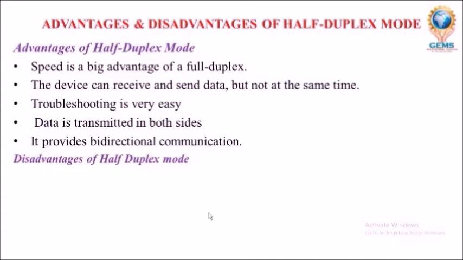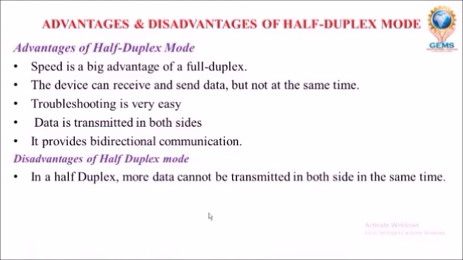Okay, fine. So let's talk about the disadvantages of half duplex. In this type of transmission, data are transmitted in both directions, but not at a time. That means, when we construct a road, we obviously want the road to be used for two ways.